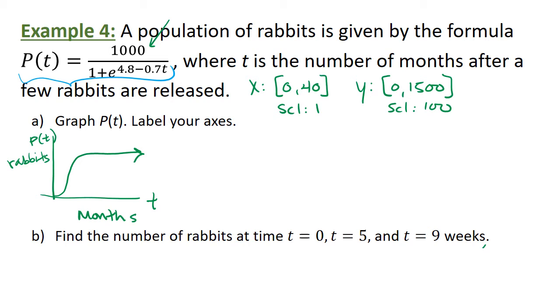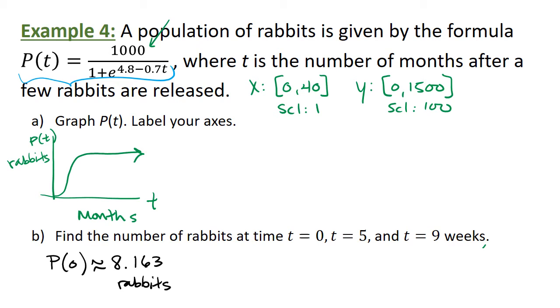So what we want to do is find the number of rabbits at each of these times. And if you have graphed this, it should be pretty easy for you to calculate these values. The first thing you want to do is find P of 0. So plugging that into your graph, you should find that it is approximately 8.163 rabbits.